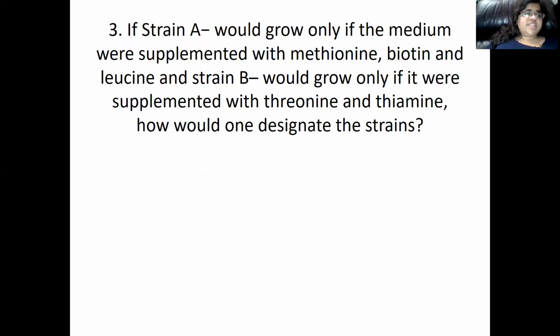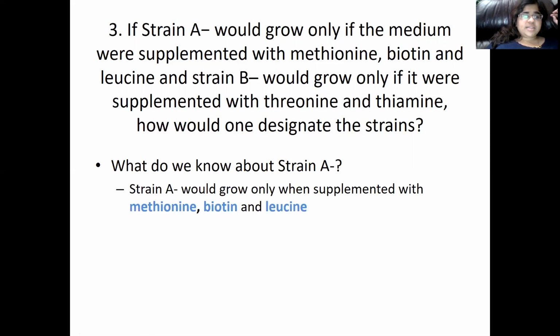One more question of this kind. If strain A would only grow if the medium were supplemented with methionine, biotin, and leucine, and strain B would only grow if it were supplemented with threonine and thymine, how would one designate these strains? So what do we know? We know that strain A only grows with methionine, biotin, and leucine.